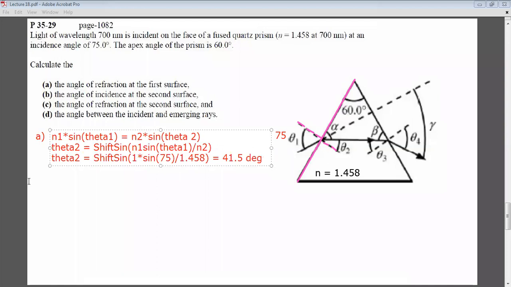Okay. Part B. We have just calculated this angle over here. Now, calculate the angle of incidence at the second surface. So this is now the second surface. Let's focus on the second surface.